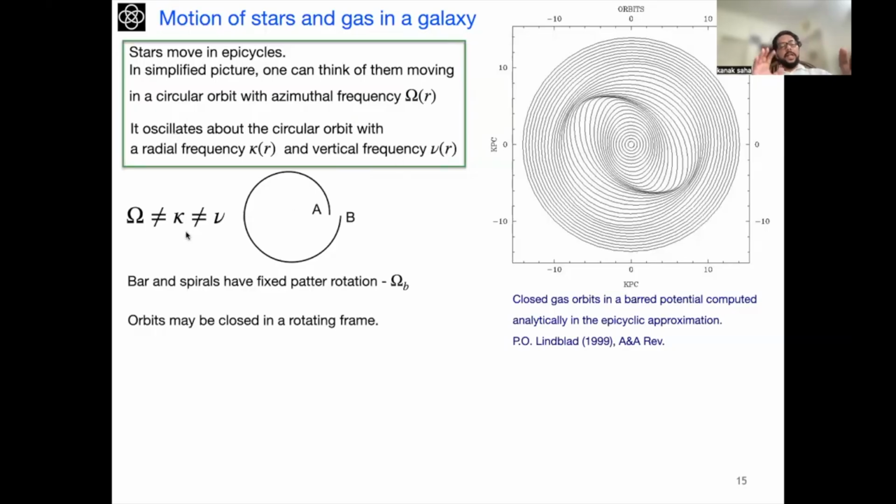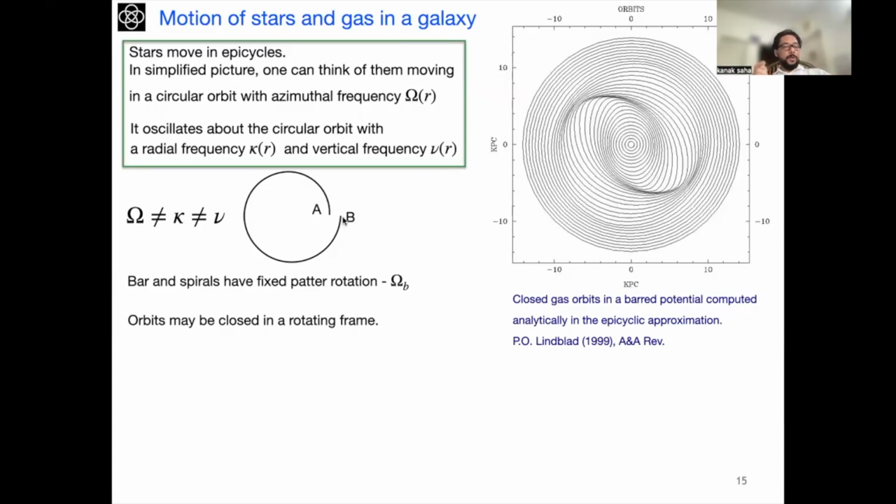In general, in galactic potentials or in galaxies, Omega is not equal to kappa, not equal to nu, which means that if a star starts from A at t equals 0, it will go around in an orbit and it will not come back to the same location because Omega is not equal to kappa. This leads to the fact that the orbits are actually not closed in galaxies.